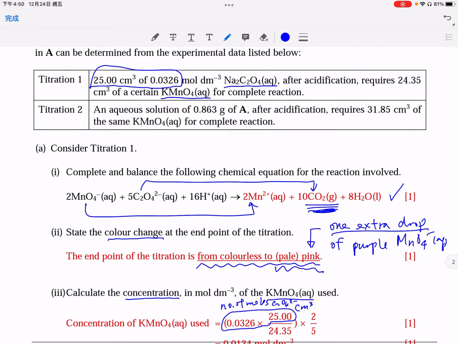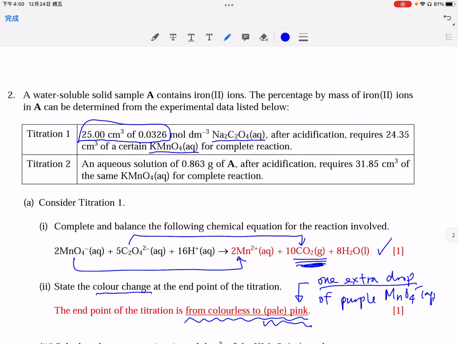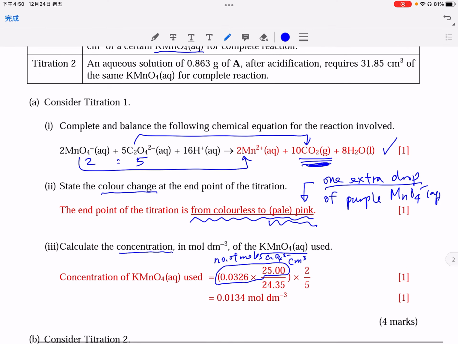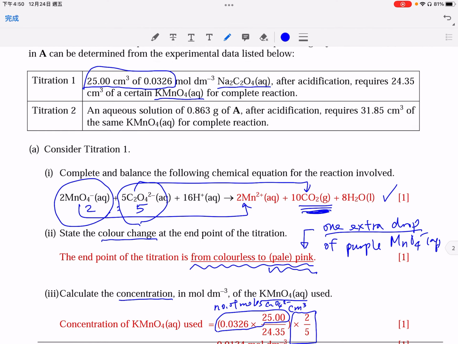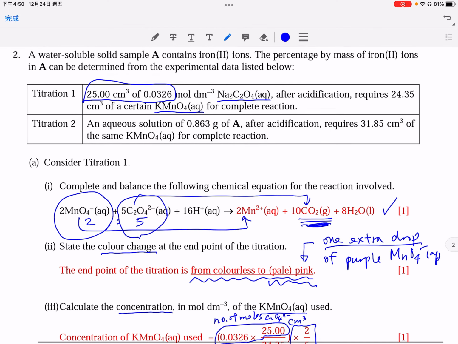And then based on the balanced chemical equation, they react in the mole ratio 2 to 5. From the number of moles of oxalate, you need to find the number of moles of permanganate. Therefore, you have to multiply this factor. Finally, don't forget that you are asked the concentration of the permanganate.